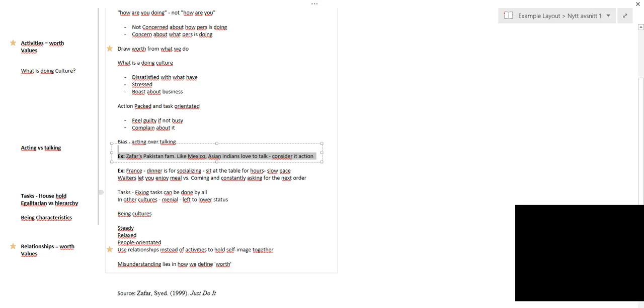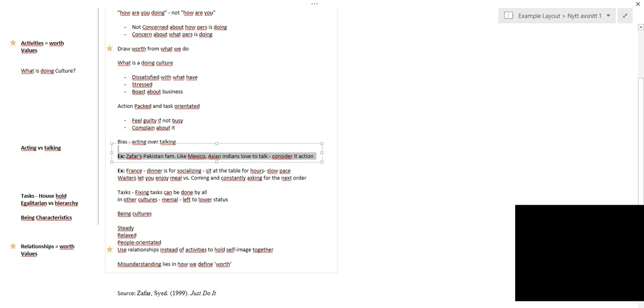Okay, where these household chores are more for people that do not have such a high education. And then finally you have the being characteristics. In this I took out that it's actually relationships which are valued. So in other words, the worth of the person has to do with the relationships.